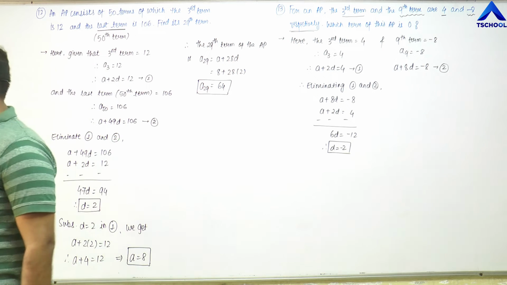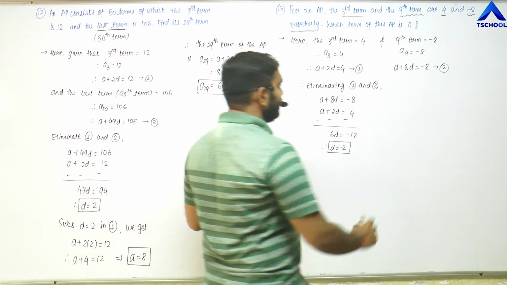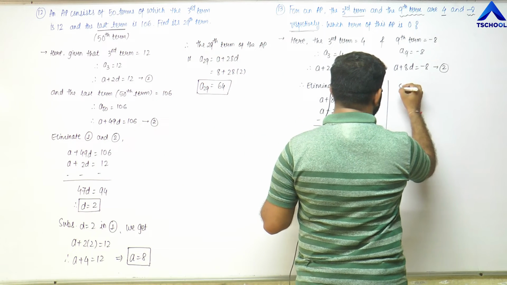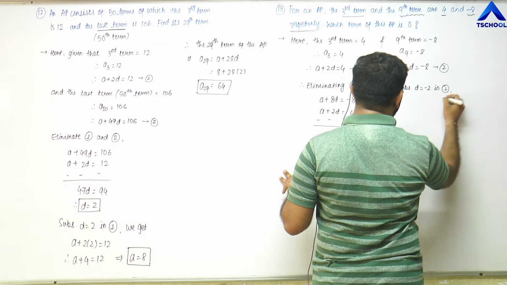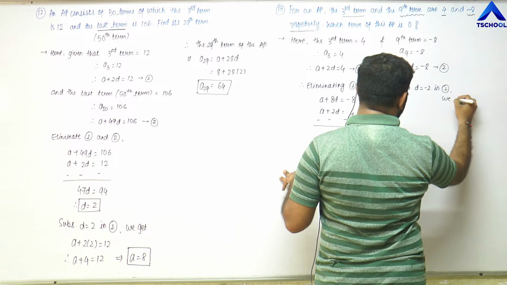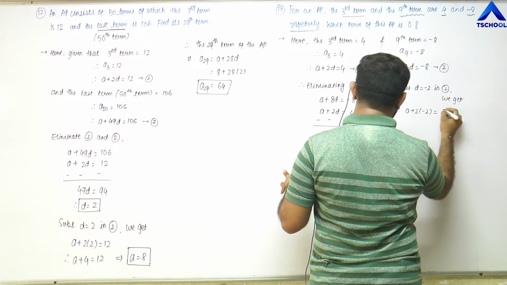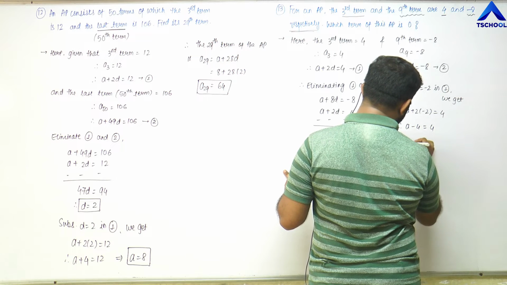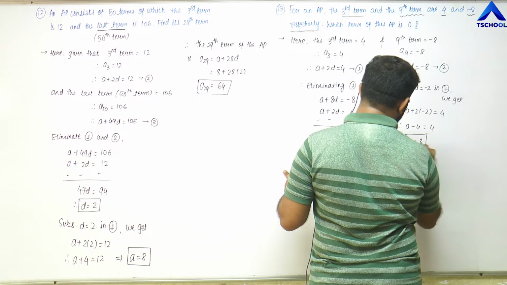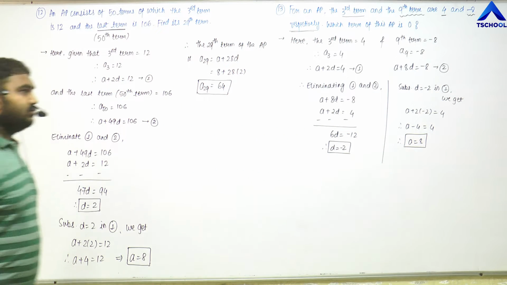Substituting D equals to -2 in equation number 1, we get A plus 2 into -2 equals to 4. That is A minus 4 equals to 4 and hence A is equals to 8. Right? So we got A equals to 8.